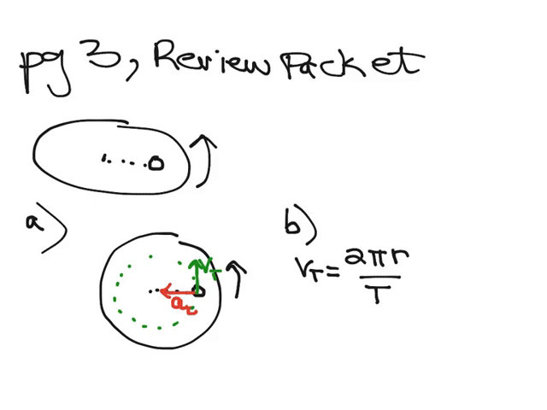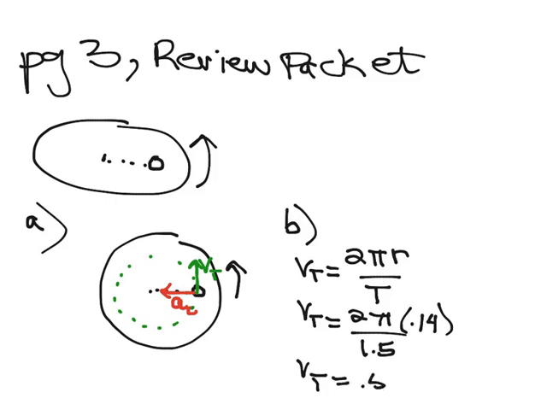It tells us that it takes 1.5 seconds to get around, so vt is equal to 2 pi times the radius, 0.14, divided by 1.5. When we put this into a calculator, we end up with vt equal to 0.59 meters per second.